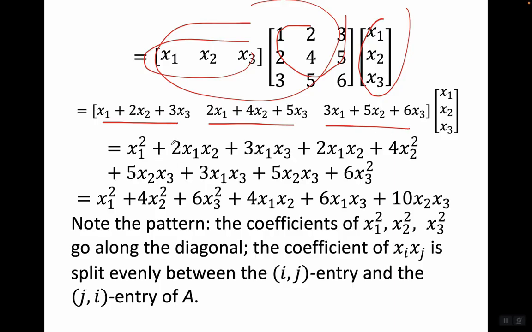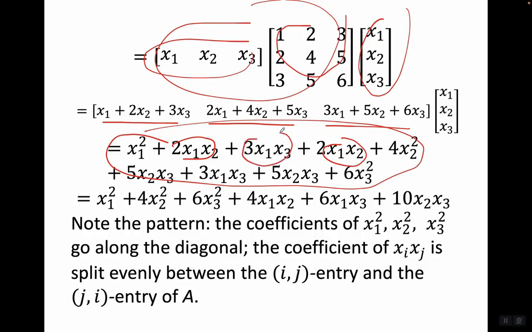In other words, we're going to get this hairy mess over here. So x1 squared plus, you got a couple of x1x2s over here. You got 3x1x3 matched with 3x1x3, 5x2x3, 5x2x3, and you got a 4x2 squared, 6x3 squared, and so this is what we end up with.